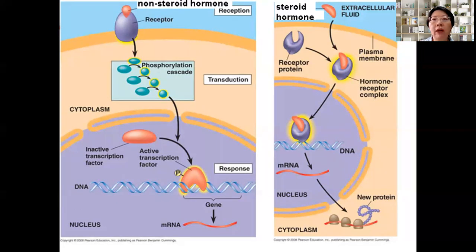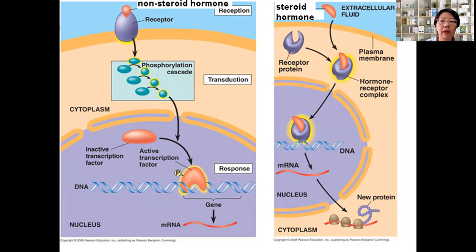Whereas a steroid hormone, because steroid is part of lipid, can pass through the membrane. So it will pass through the membrane and then bind to its receptor molecule, which is either inside the cytoplasm or inside the nucleus.